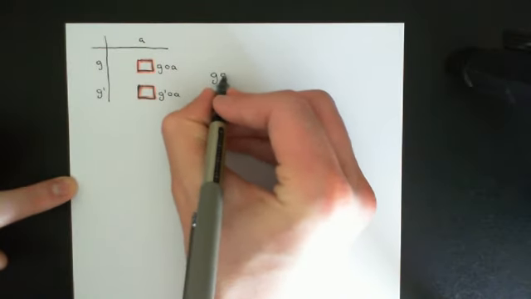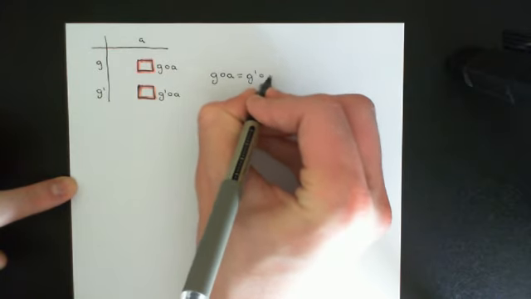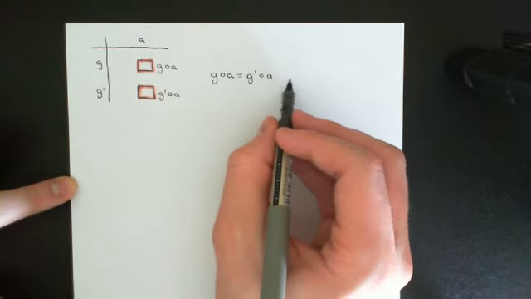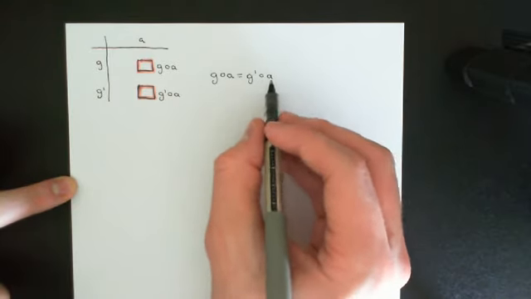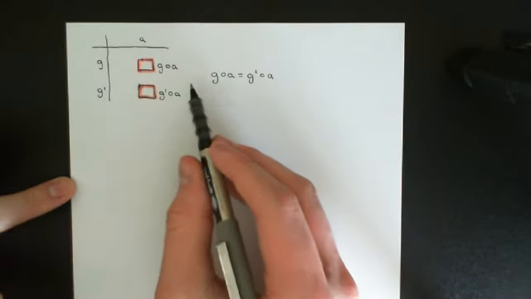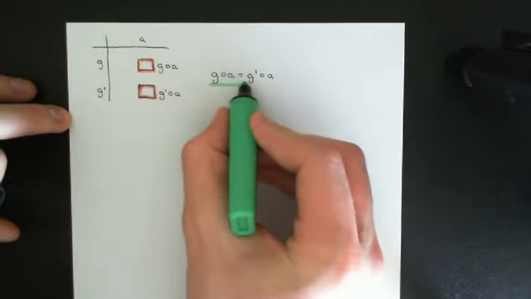So g composed with little a is equal to g prime composed with little a, and what we can now do is just right multiply by little a inverse. That's the one change here: instead of left multiplying by little a inverse, we need to right multiply by little a inverse.